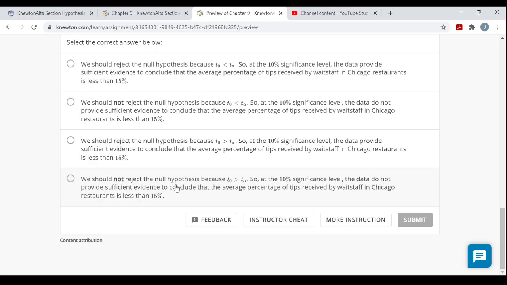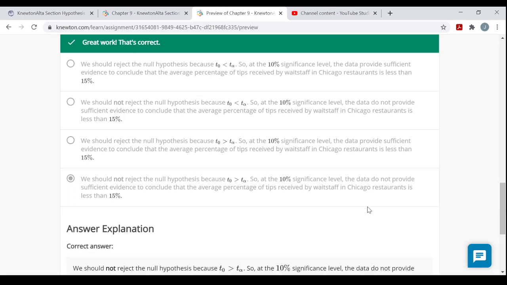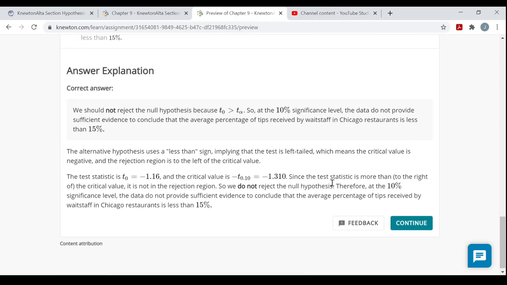And that's what this is saying: the data do not provide sufficient evidence to conclude that the average percentage of tips received by waitstaff in Chicago is less than 15%. So this all ties into the stuff up top. And again, please read through your answer explanations, whether you're right or wrong, especially if you're wrong, just to make sure you can figure out where you went wrong, and hopefully when you see a problem like that again, you'll do better.